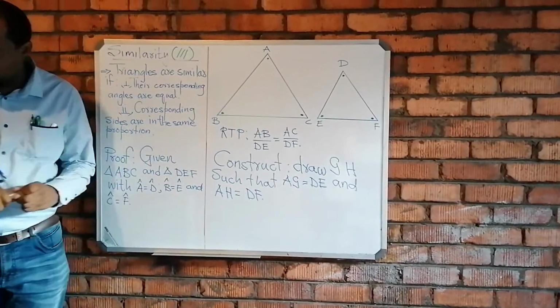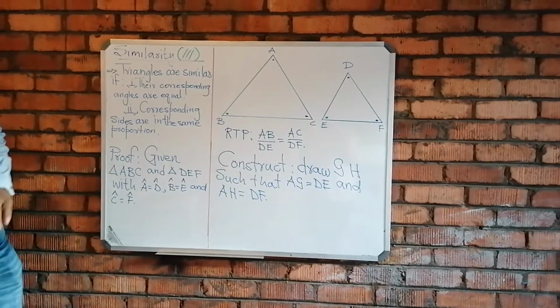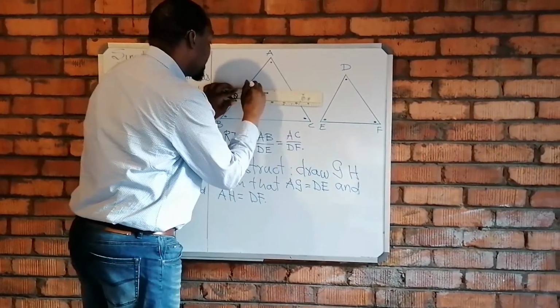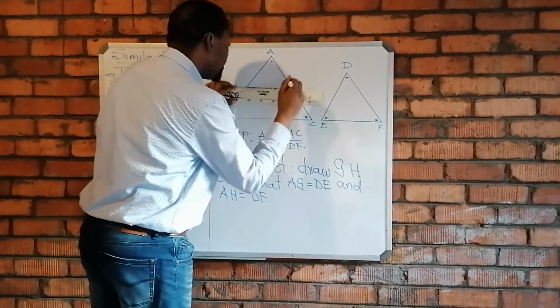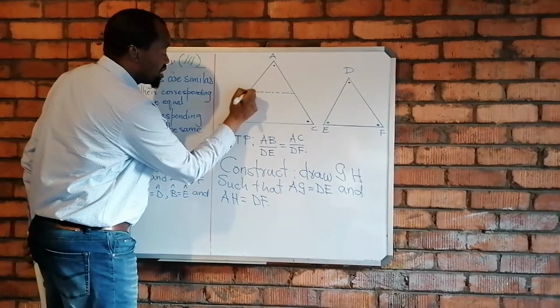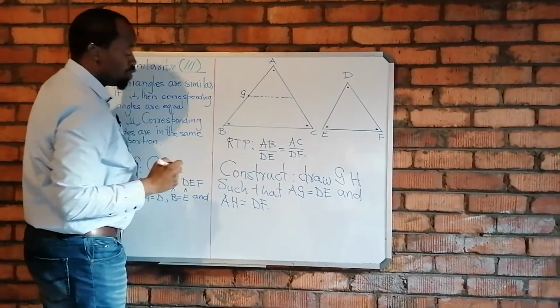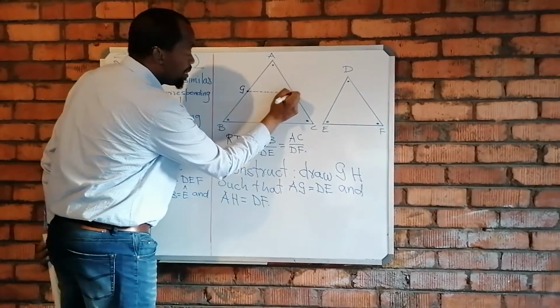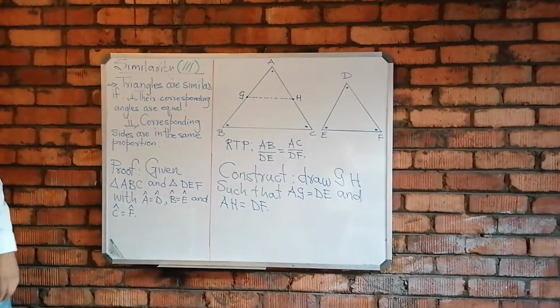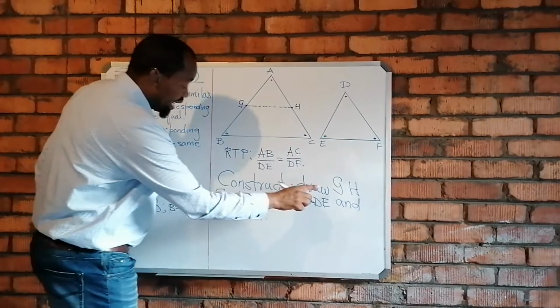Now let's do that, folks, and see what happens. My construction, I draw this line. And remember, I said it was GH. Therefore, point G would be on AB, point H would be on AC. What did we say there?